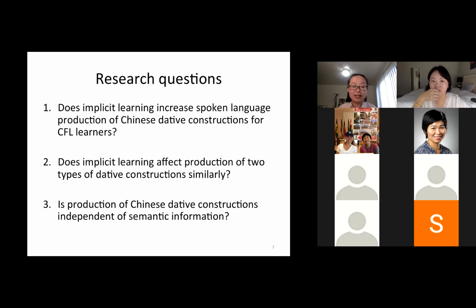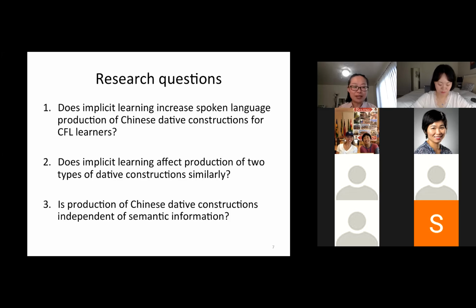It expresses the transfer of objects between 2 people. Also, here I mention implicit learning. I used the structural priming paradigm. I will introduce it later.